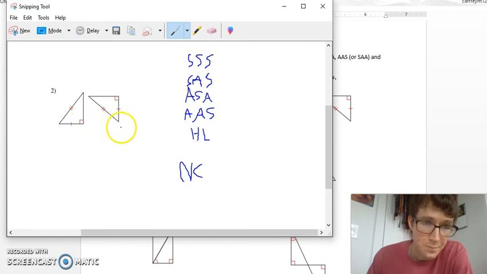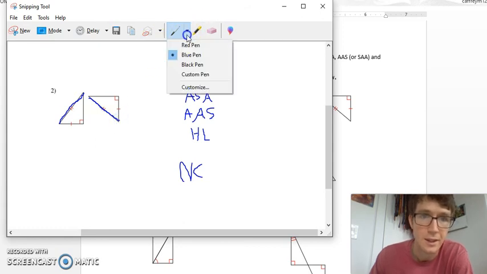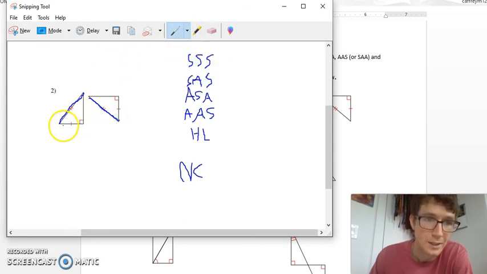Okay. So going through these, let's look at the sides first. We got this side. Highlight that in blue. This side matches this side. And let's switch to red. This side matches this side.